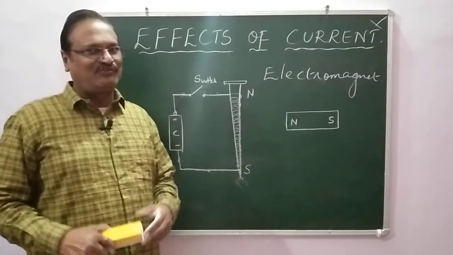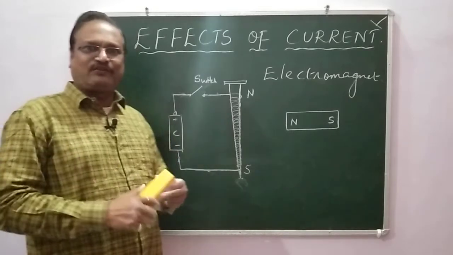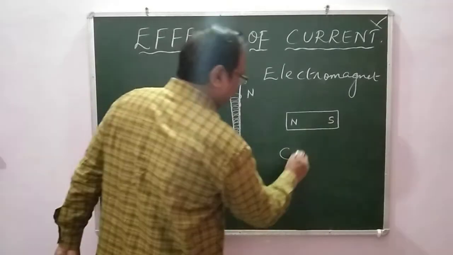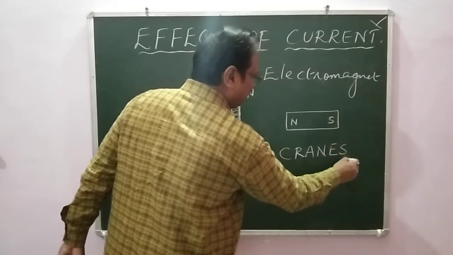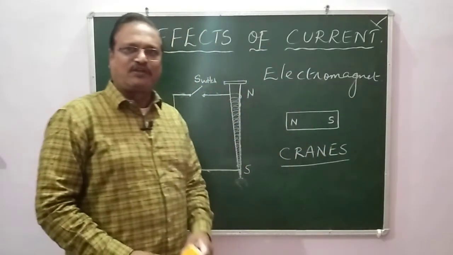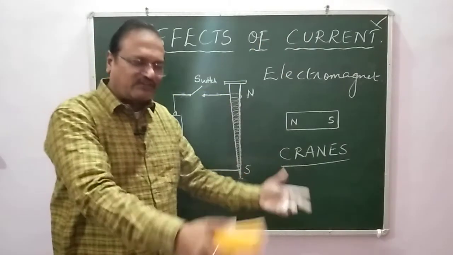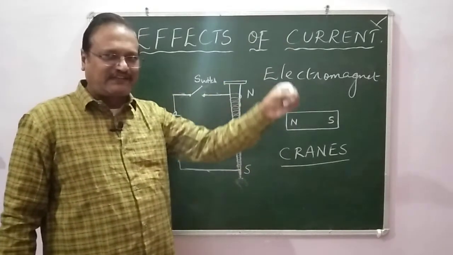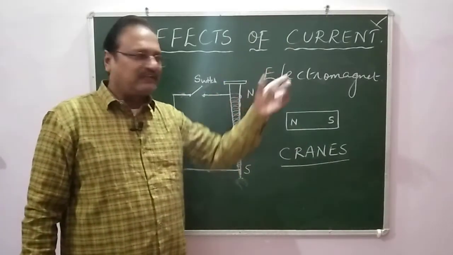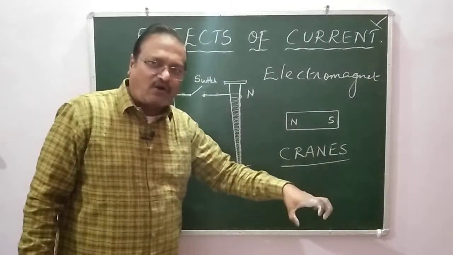Where can I use it? Think of it. Crane. You will find that cranes are used for these purposes. In cranes, electromagnets are used. You will find a crane in a junkyard where cars are there. You want to lift a car. What do you do? You lower the chain with the electromagnet, and it will get caught here.